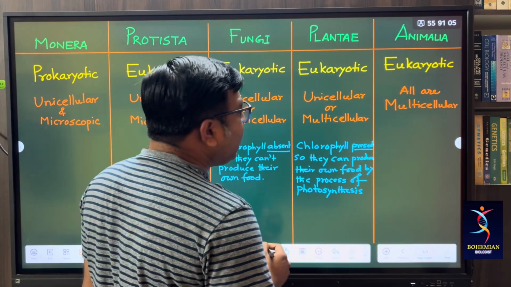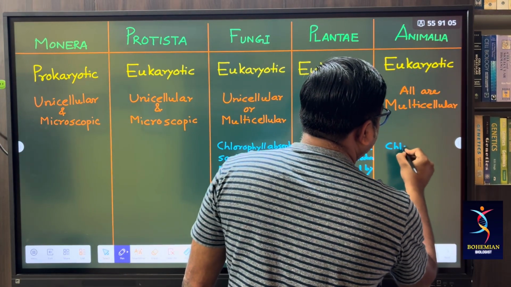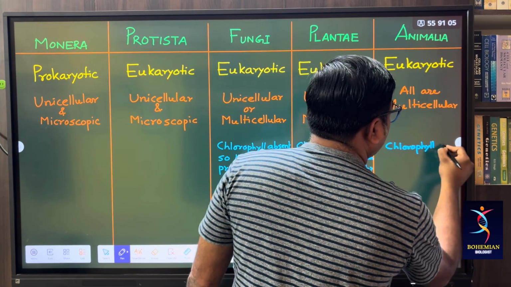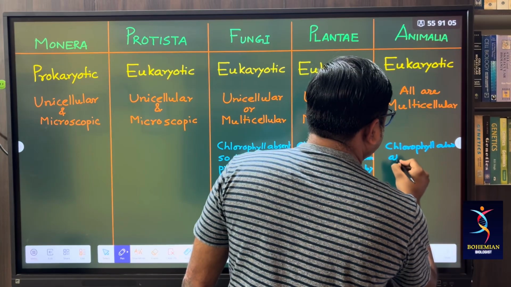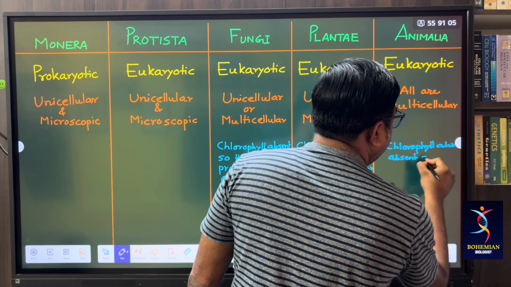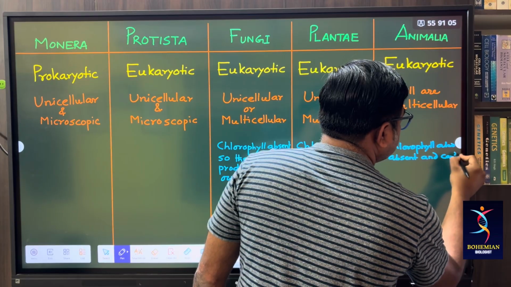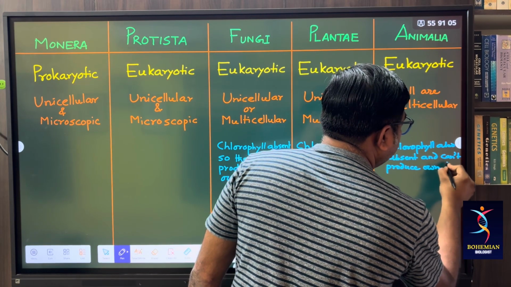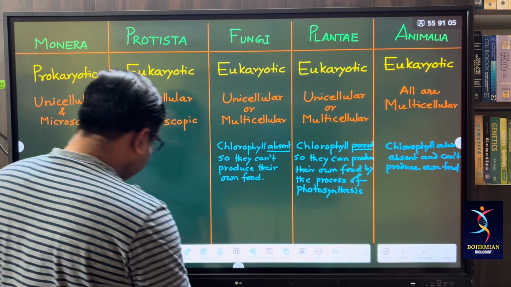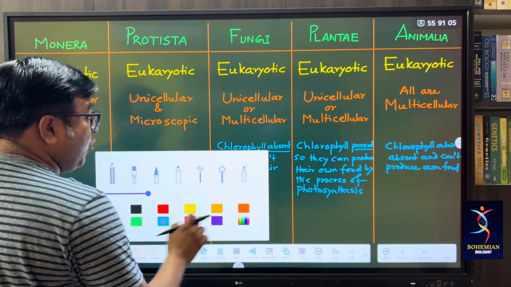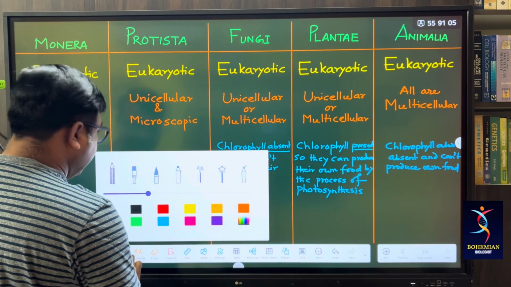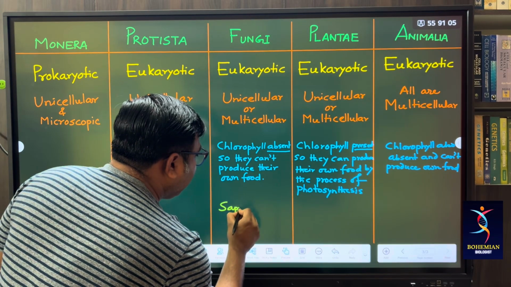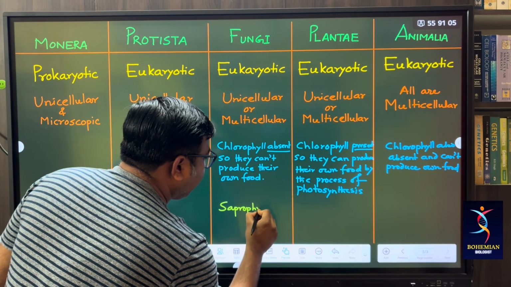But what about Animalia? In Animalia, chlorophyll is also absent and they can't produce their own food. Then what about the nutritional types? In case of fungi, nutrition is saprophytic.